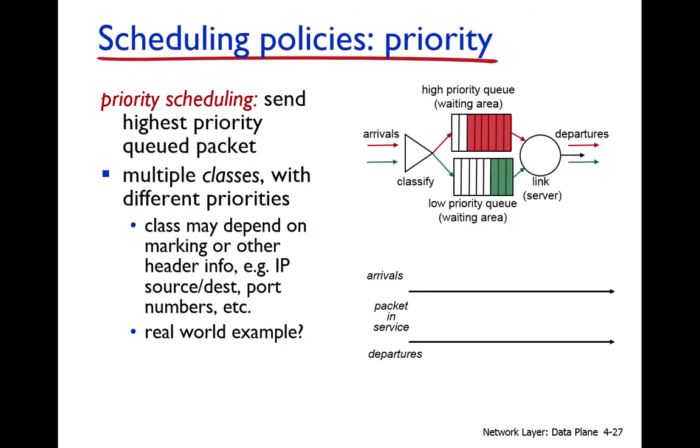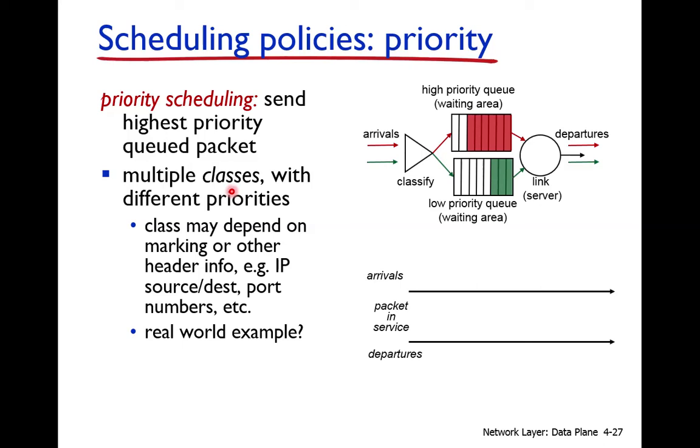Similarly, when we have priority scheduling policies, when the packets arrive at an output port and have to be transmitted, the packets are of different classes, for example, this red one and this blue one. Suppose the red one has higher priority and the blue one has lower priority.